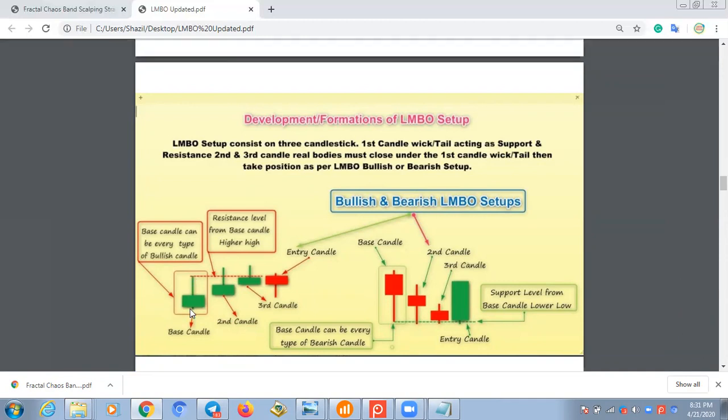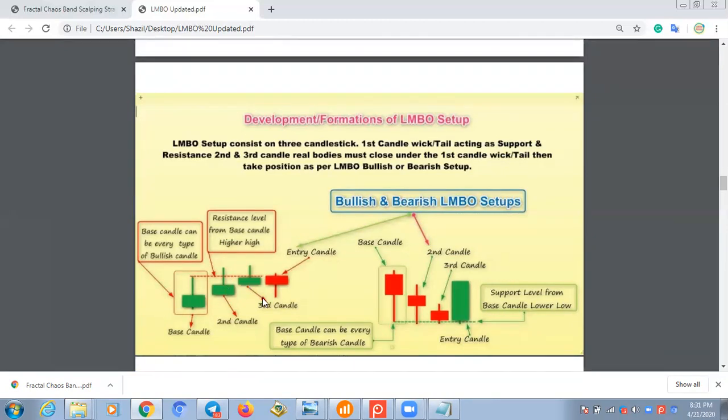Okay. After that, there is a second candle. This is the second, and this is the third candle. So we take support from this higher high and plot a horizontal line. If the second candle just crosses but the body is not crossing this level, we can count it as the second candle.